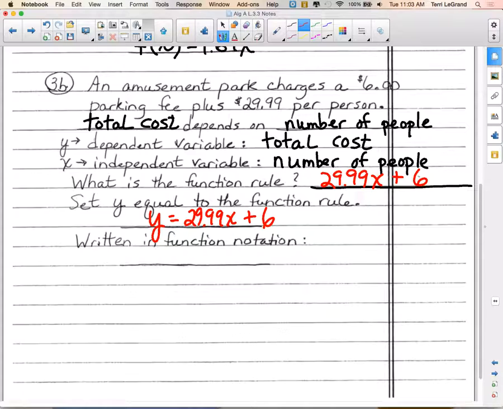And by the way, the 6 and the 29.99x could trade places. The 6 can't be in front of the x, I mean, it can't be 6x, but it can be 6 plus 29.99x, you can start with the parking fee, and have it set equal to y.